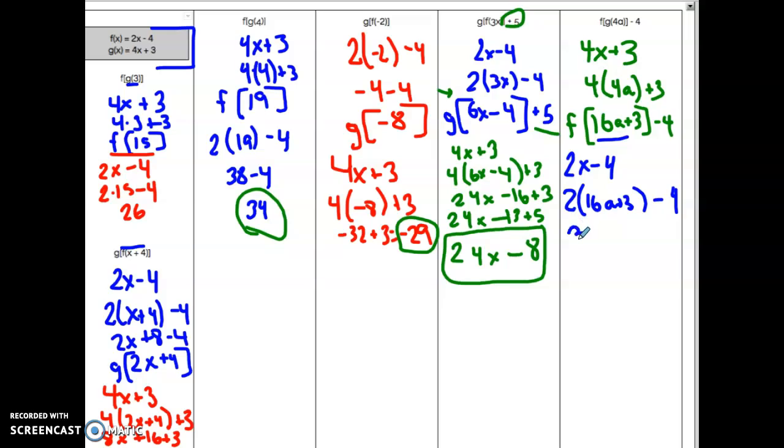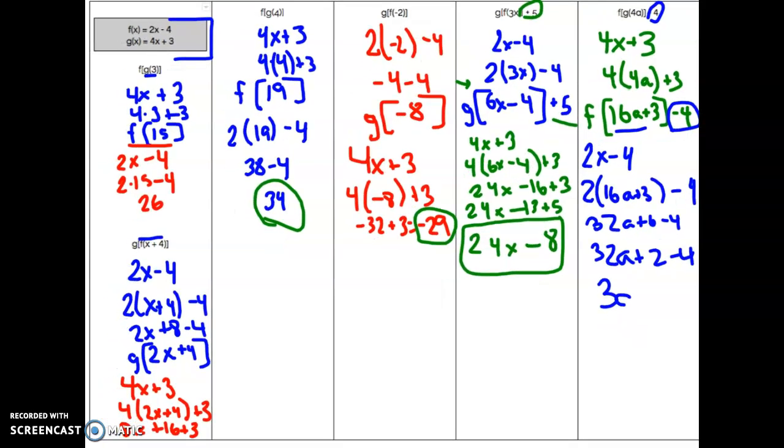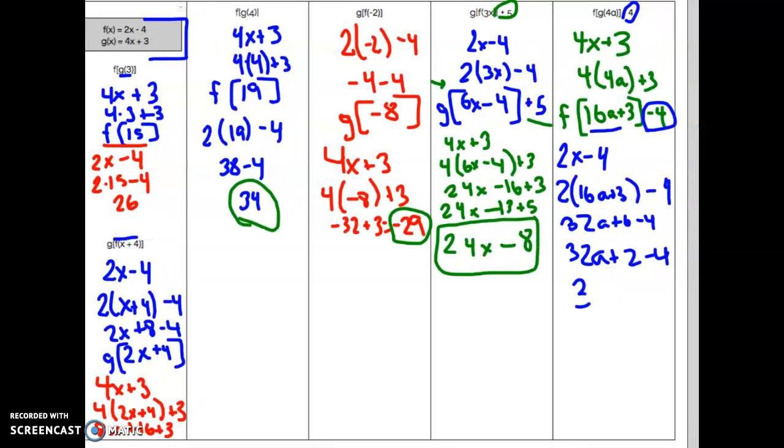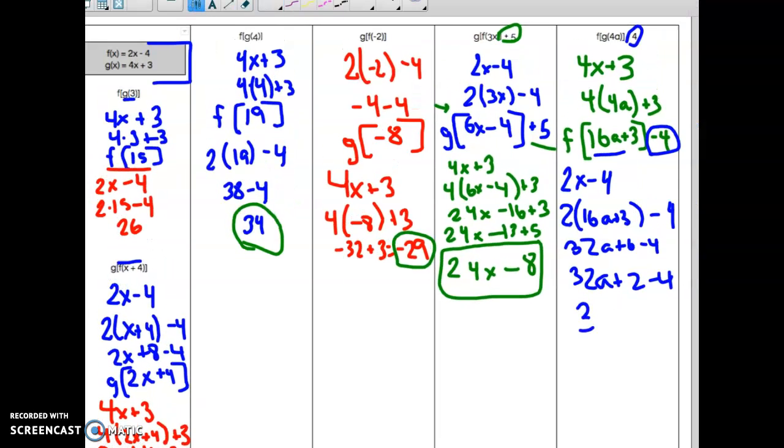And this is 32a plus 6 minus 4, which is 32a plus 2. And also we had one extra minus 4 from up here, so that's going to take us to -2. So 32a minus 2.